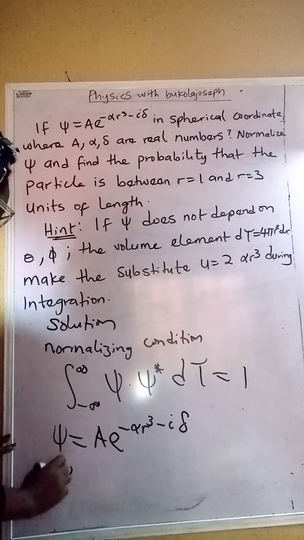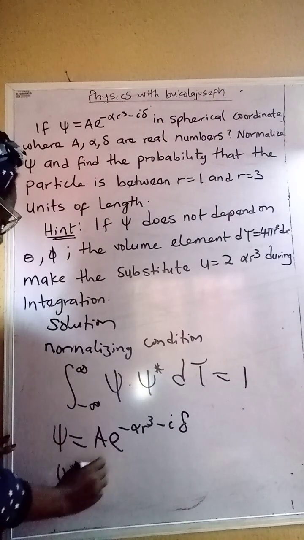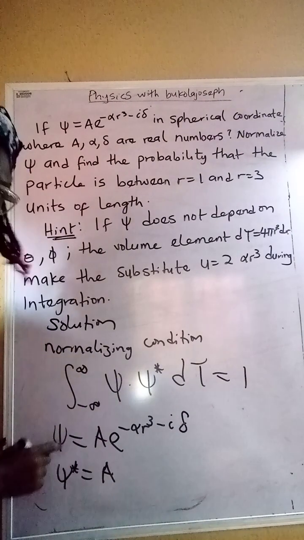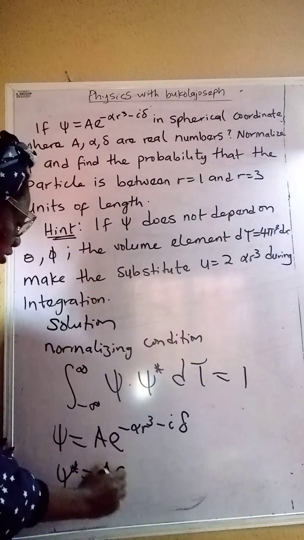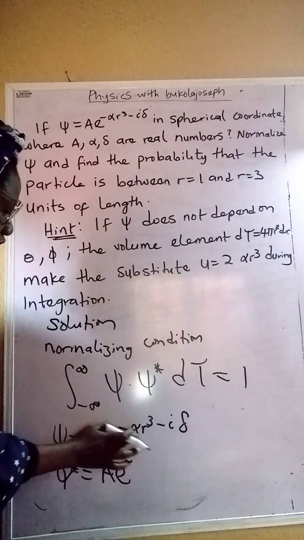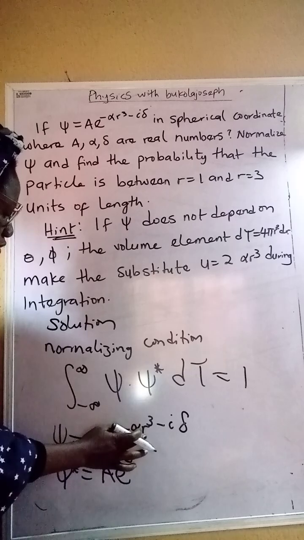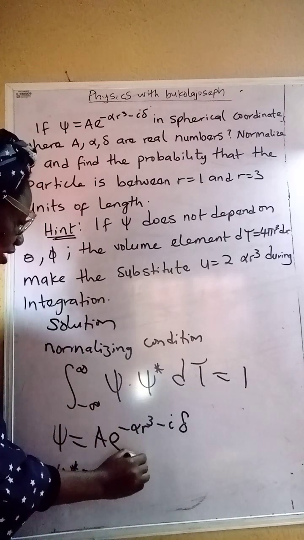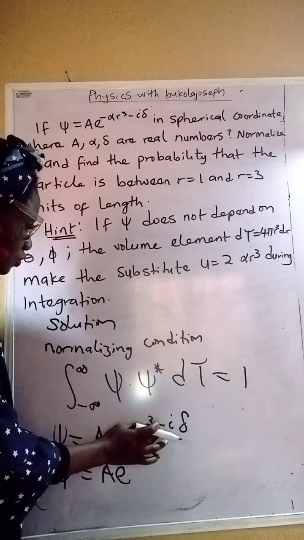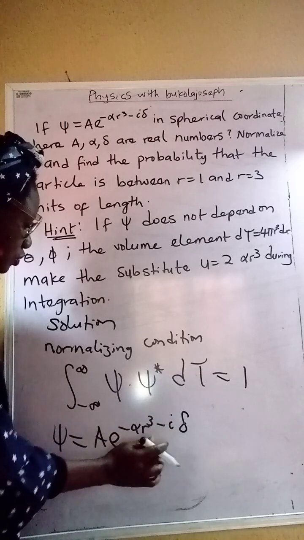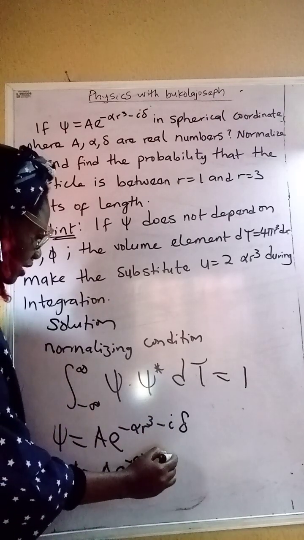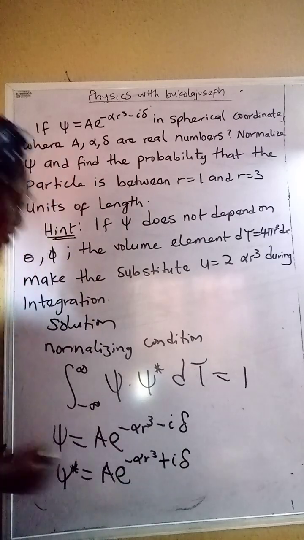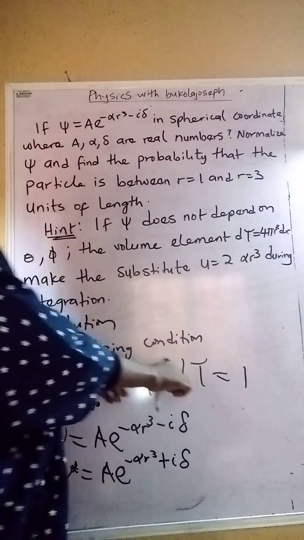It is simply going to be a exponential minus alpha r cubed, this is still going to be minus because it's not having any complex number this side. This is going to be positive because it's having a complex number, so it will change to positive i d.